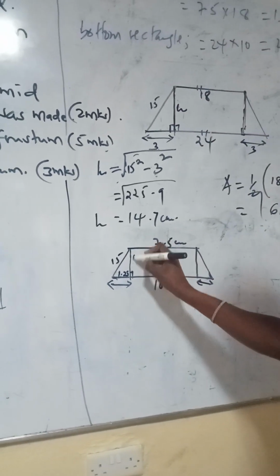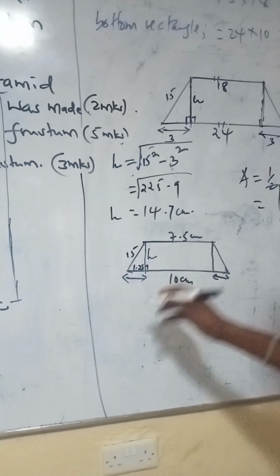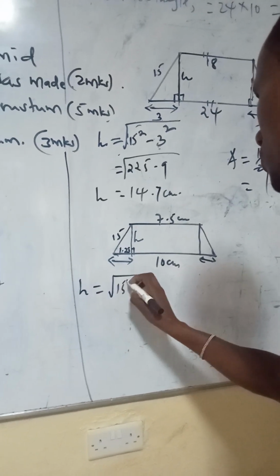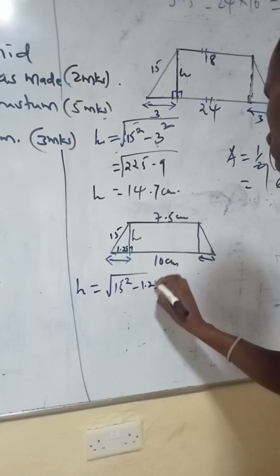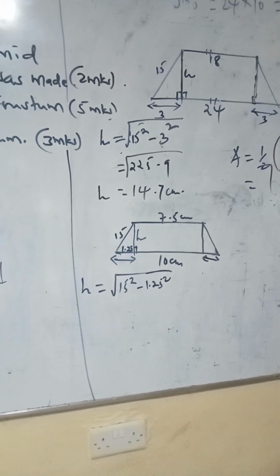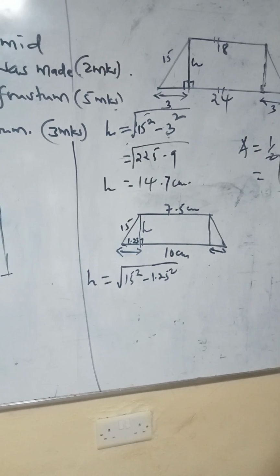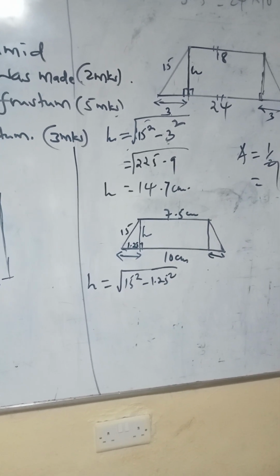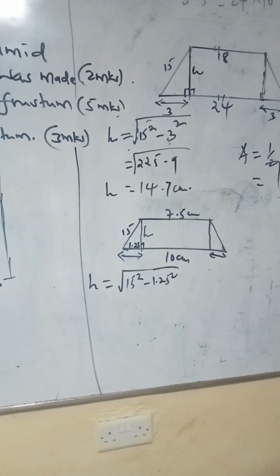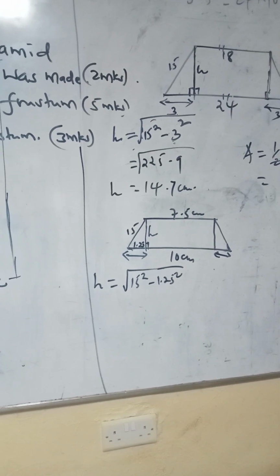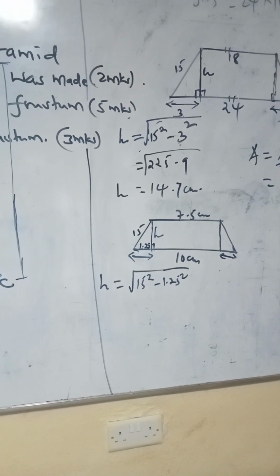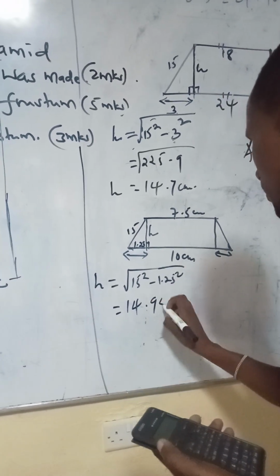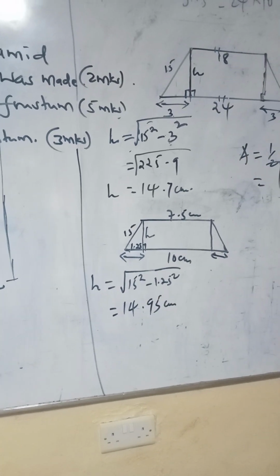So we can get the perpendicular height there. The perpendicular height will be equal to the square root of 15 squared minus 1.25 squared. So that will give us 14.95 centimeters.